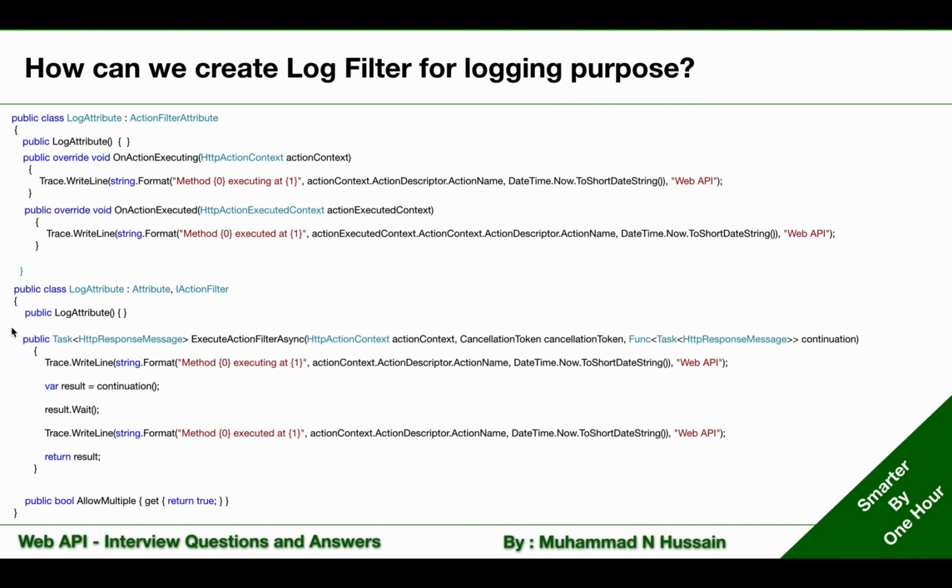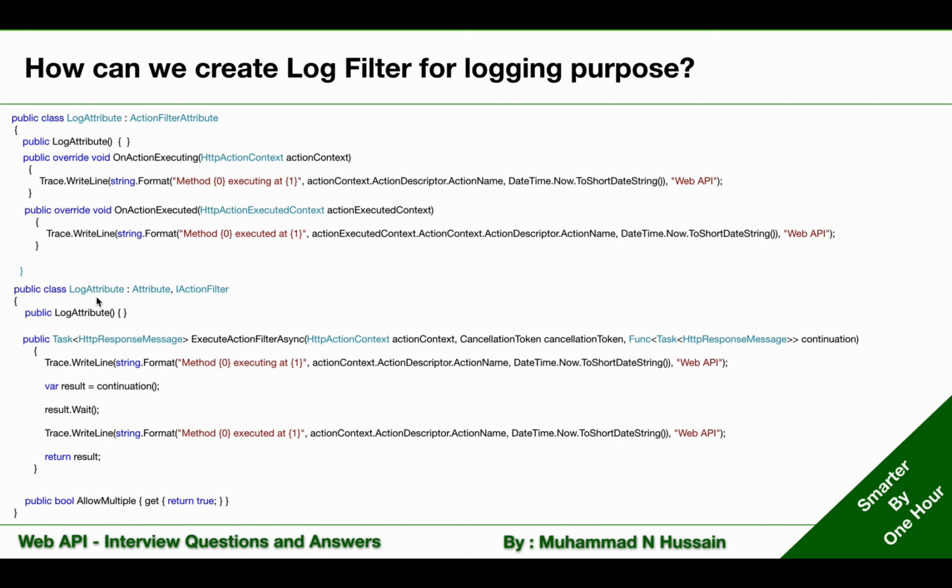I'm implementing that method, and this method contains the code which will be executed before method execution, and also the code which will be executed after action method execution. So this is a way we can use an interface to create a log attribute.